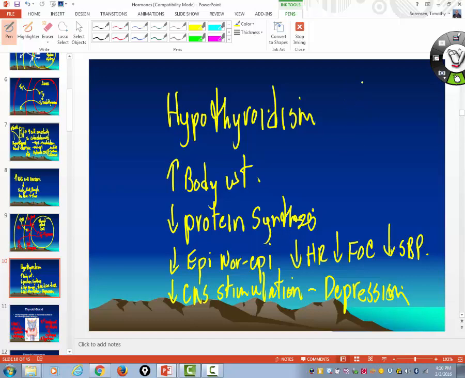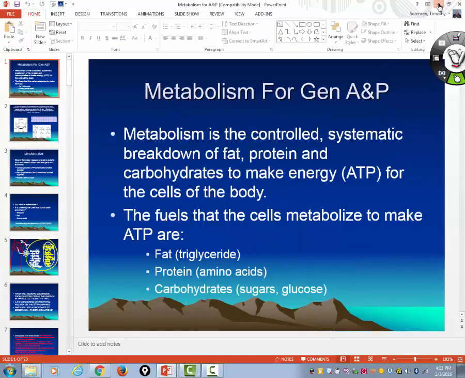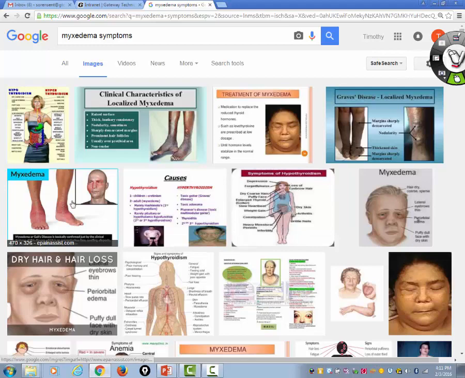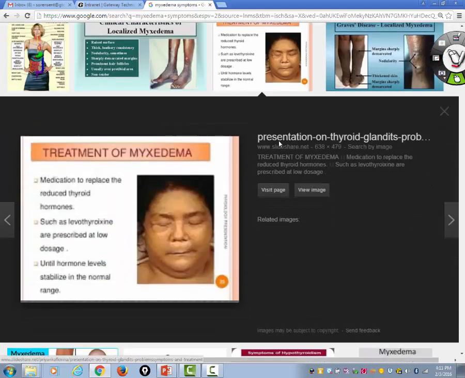So this kind of slimy, sugary mucus begins to build up in the skin. They get this slimy protein mix building up in the dermal layer of the skin. So they will get puffy. There we go. Myxedema.